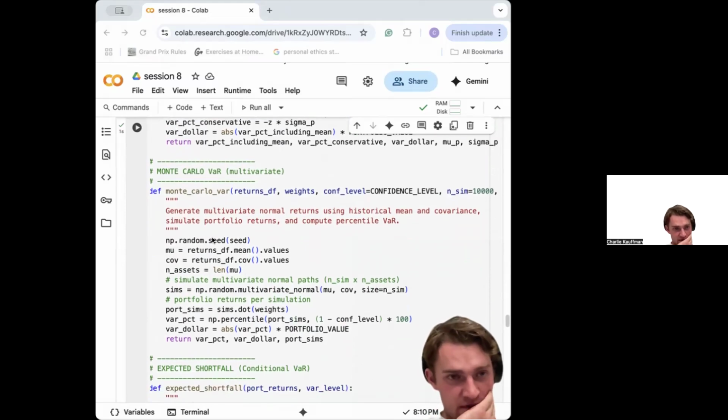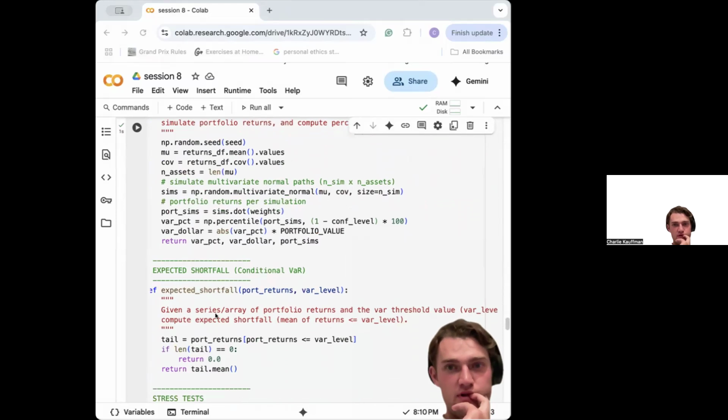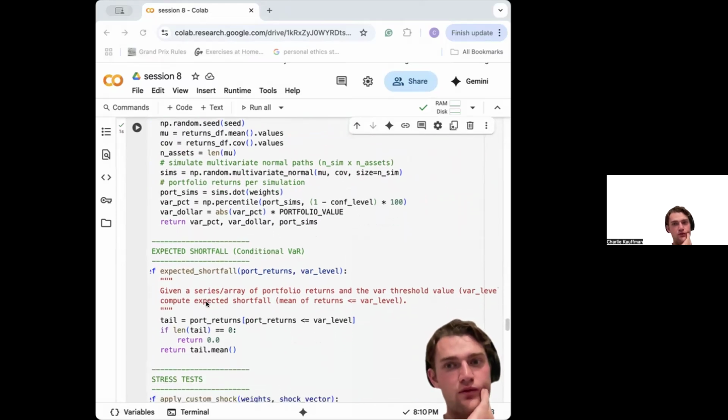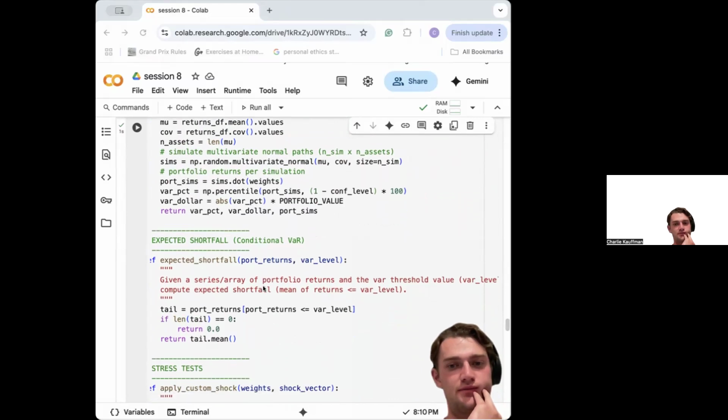And same as up top, we calculate the mean returns and the covariance and the portfolio mean, etc. And then moving on to expected shortfall. This averages out all returns worse than the VaR cutoff.